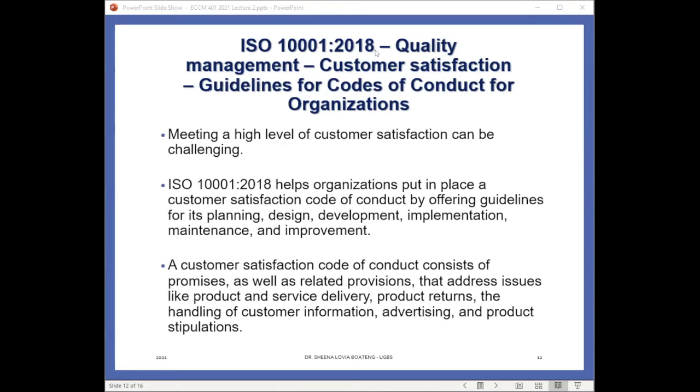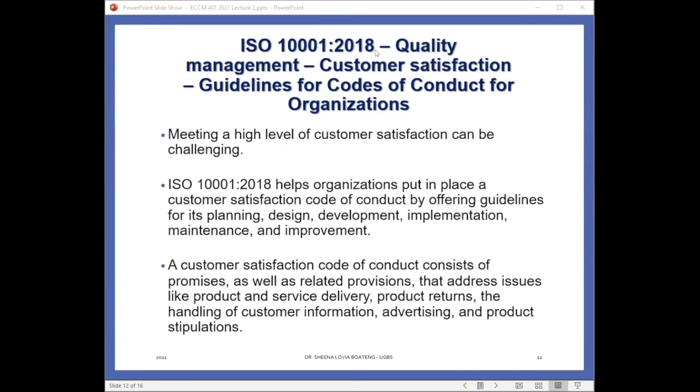So if a company gets certified for ISO 10,001 2018, it means that they have a set code of conduct that tells them how to be able to handle issues that have to do with customer satisfaction in relation to items like product and service delivery, product returns, handling of customer information, advertising, and product stipulations.